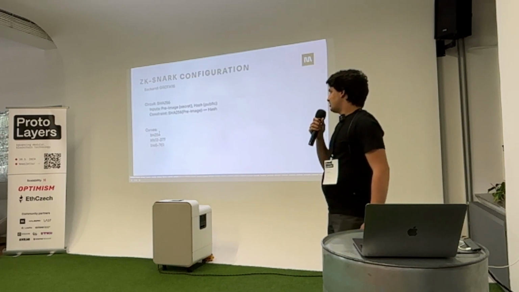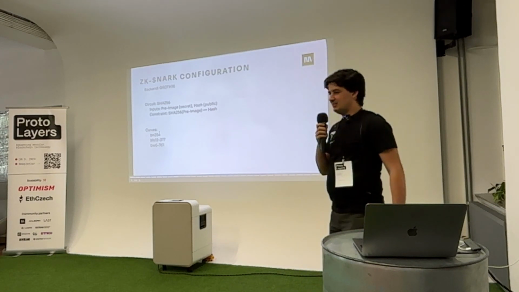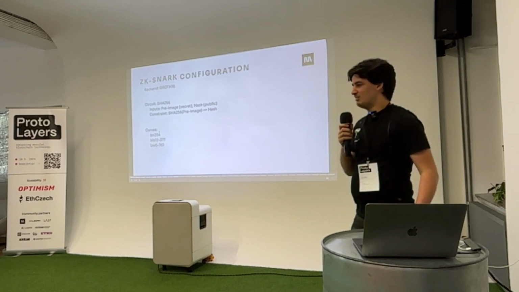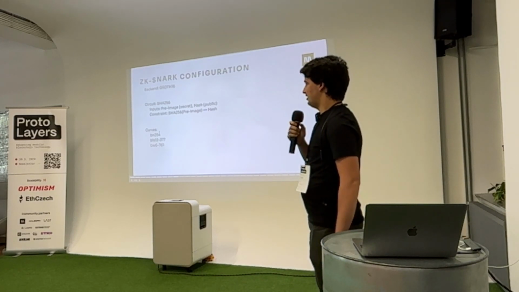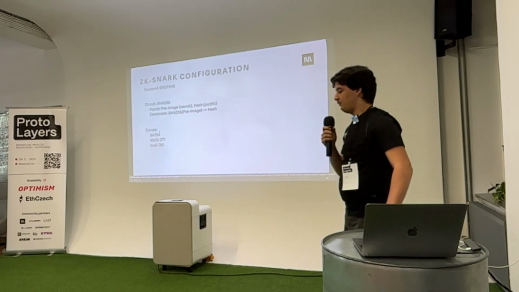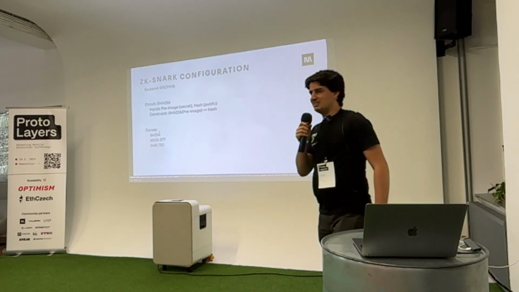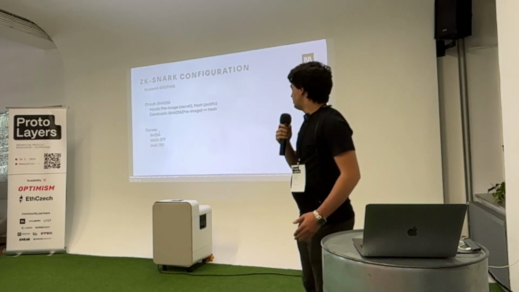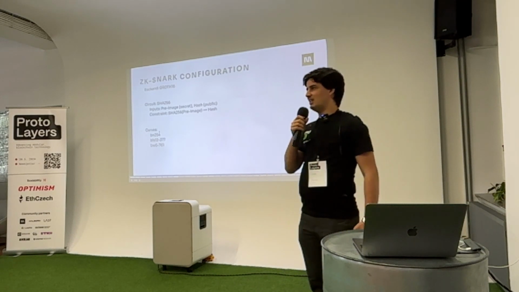For the ZK-Snark configuration, we chose Groth16 as a backend. This is not a choice we made. That was the only implemented algorithm on the gnark library for GPU acceleration. For the circuit, we wanted something that is a bit more practical. So we chose a SHA-256 circuit where we have two inputs, the pre-image and the hash.